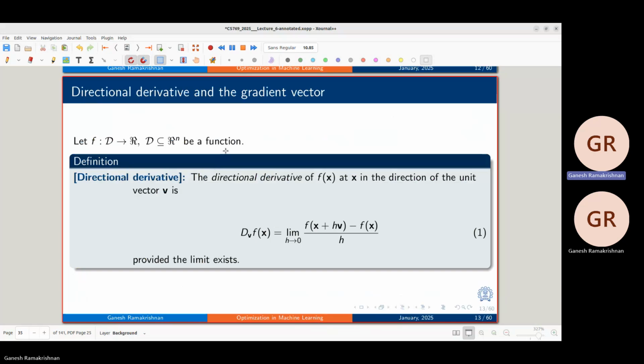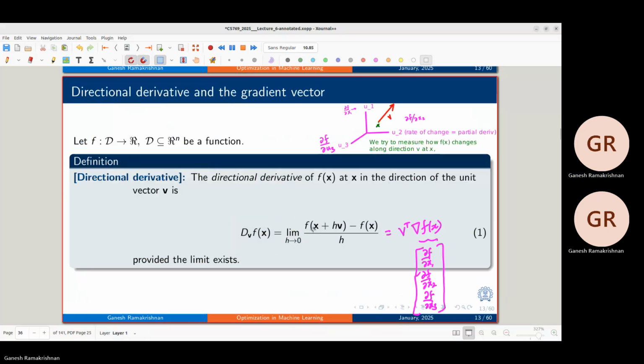If I have a function like this, and this direction vector, I'll basically slice the function, right? And see how it changes along the direction vector when I slice it. That's basically f of x plus hv minus f of x divided by h. The scalar h along the direction of v is the directional derivative D_v f of x, right?